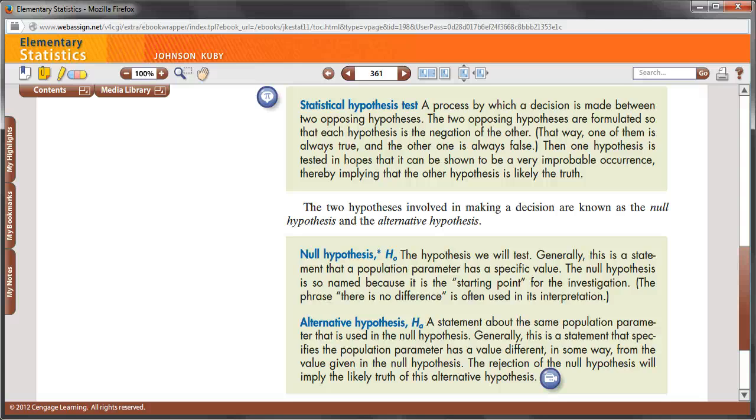Set of two competing hypotheses. One, the null hypothesis, H0, and the other, the alternative hypothesis, HA. The null hypothesis is the kind of status quo, the starting point, there's no difference, those kinds of things. When the testing is inconclusive, then we have to go back to the null hypothesis.